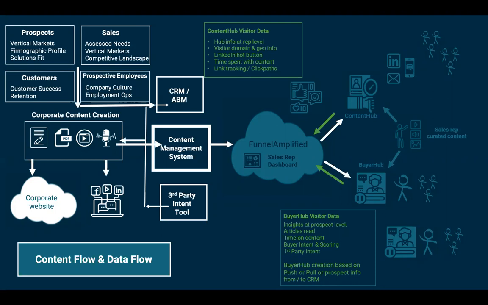And we first put it into the sales rep dashboard so they have it for activities or action steps that they could take today in communication with their buyers. But then we also put it into our platform and deliver it right back into the marketing department so that the marketing department can learn from what real buyers were engaging with and how it was influencing the deal.